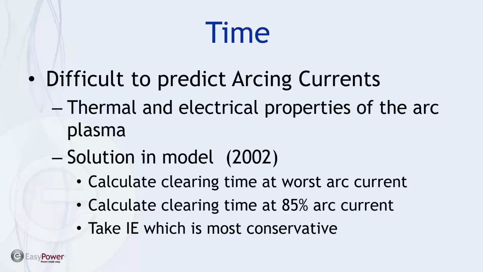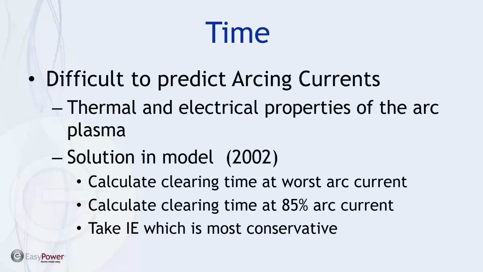case arc current and then also calculate the clearing time at whatever protective device was being used at 85% of that predicted arcing current. And then the recommendation was to take the incident energy which resulted, that was the most conservative value. And sometimes that would be the 85% value, and sometimes it would be 100%.